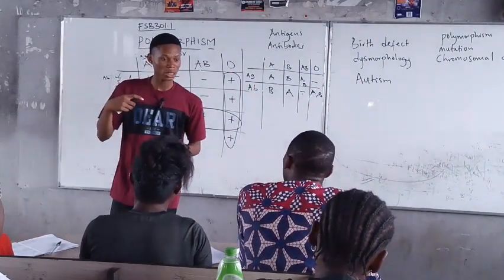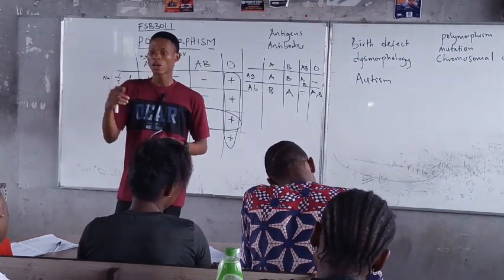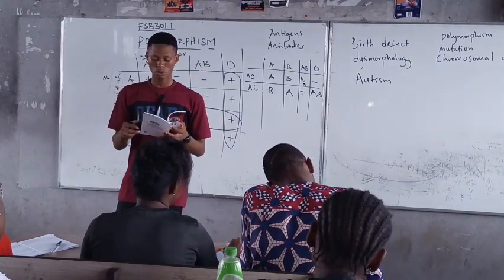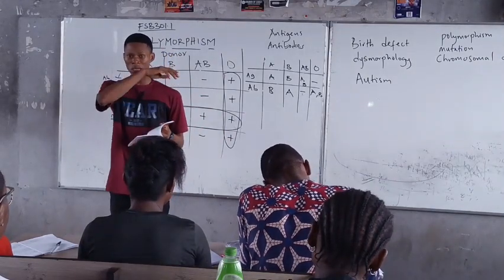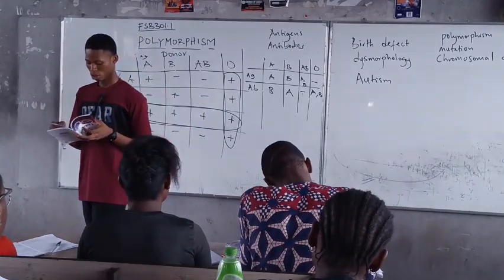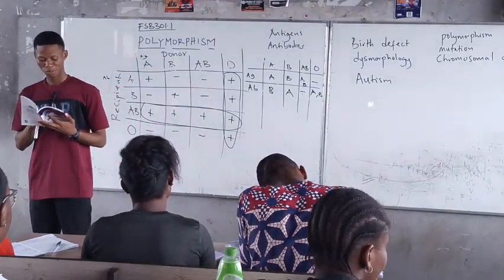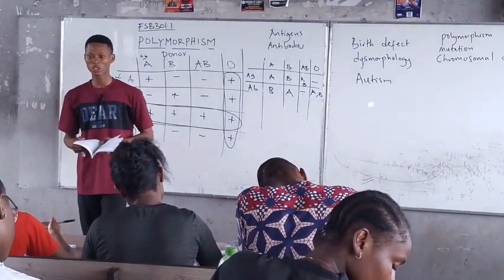Universal recipient. So why is it A and B? A, B, right? Why the universal donor is what? Good. There's no need to give you notes on all this. A can receive blood from, because you already get from there. Good. Rhesus factor.